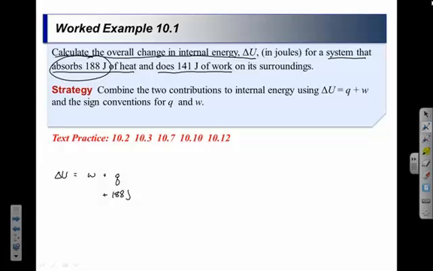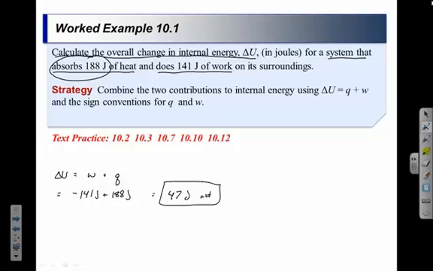So that's a negative change in energy for the system. So then I add 188 minus 141, and I get 47 joules net overall. That's the overall change in energy for the system. So it is absorbing more than it is releasing, but it's not that much.